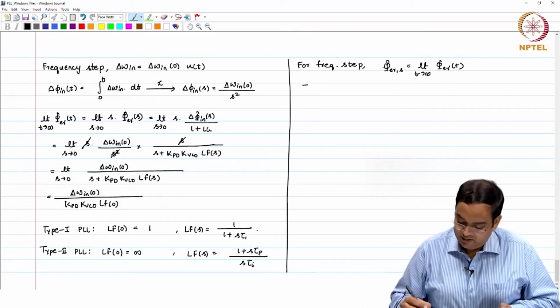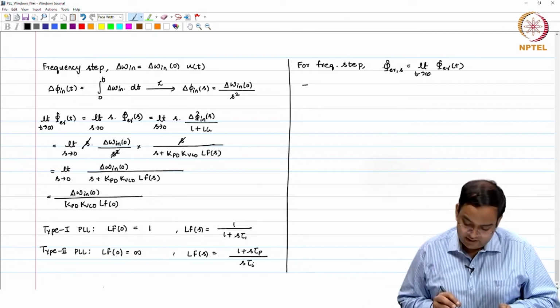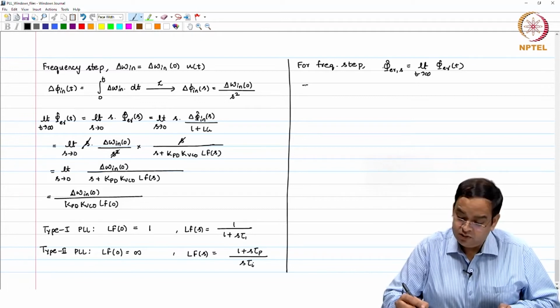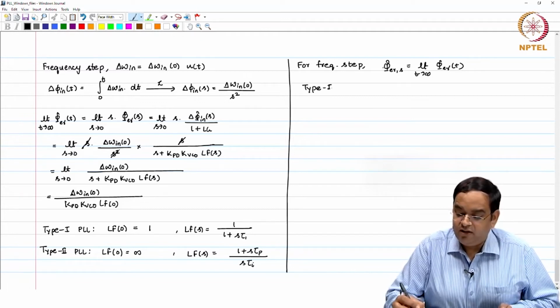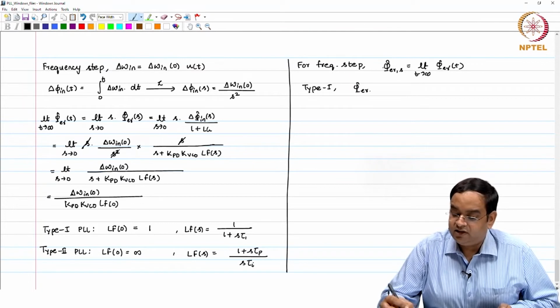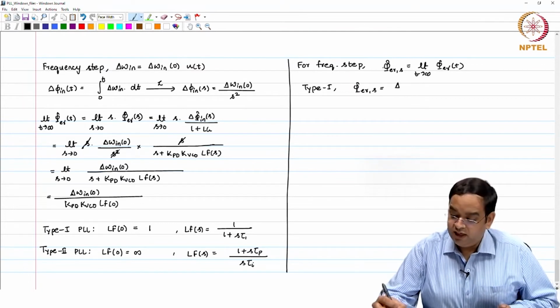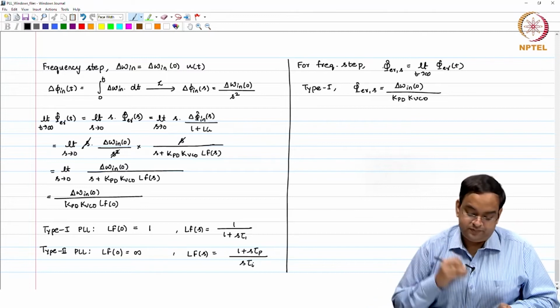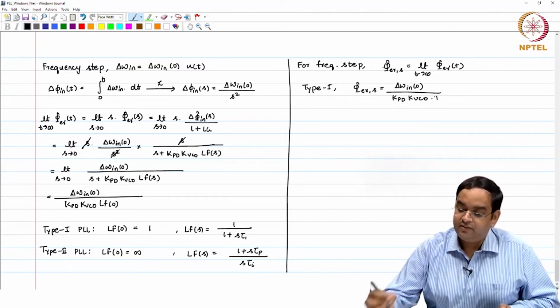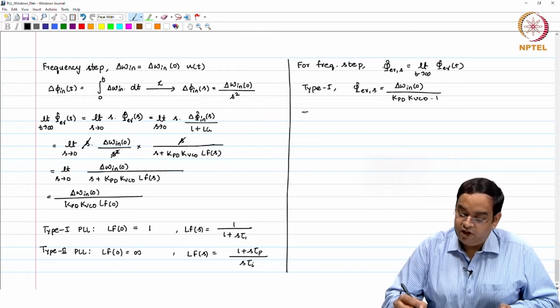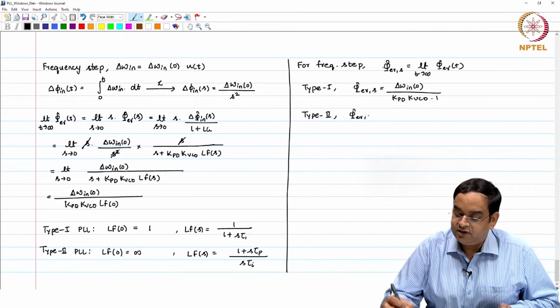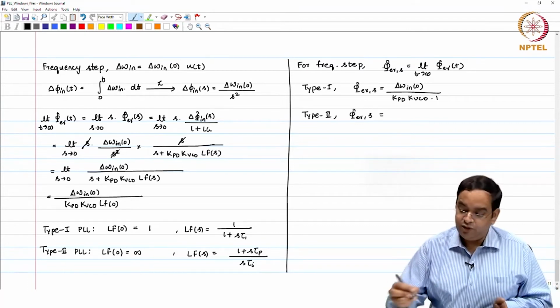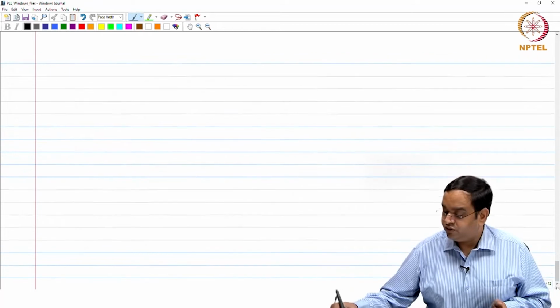For type 1 PLL, our steady state error is equal to delta omega in, whatever the frequency step you provided, divided by kpd times kvco times 1. Okay. For type 2 PLL, phi error steady state, because loop filter of 0 goes to infinity, is equal to 0.